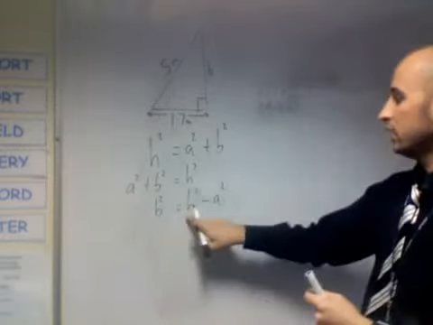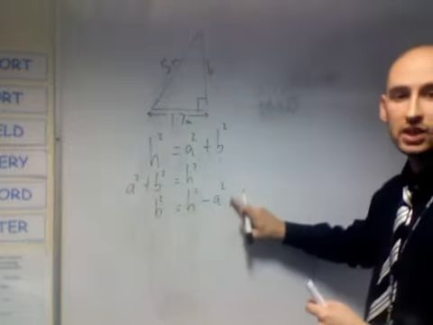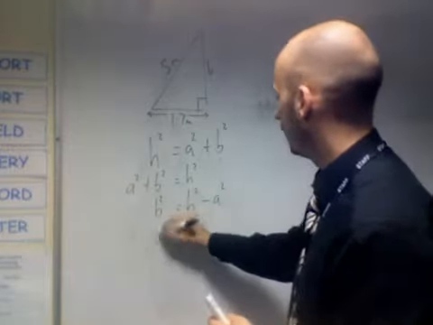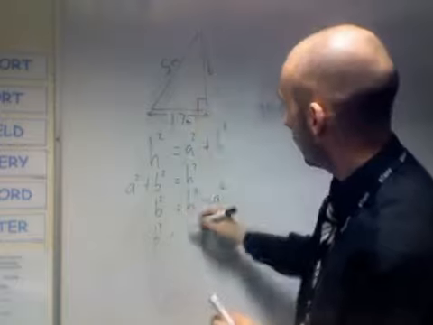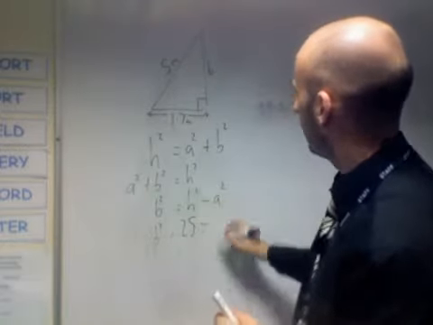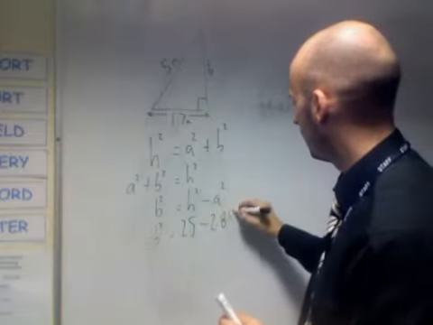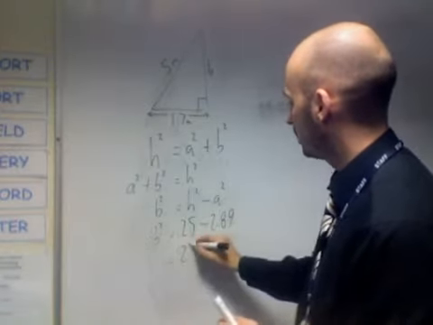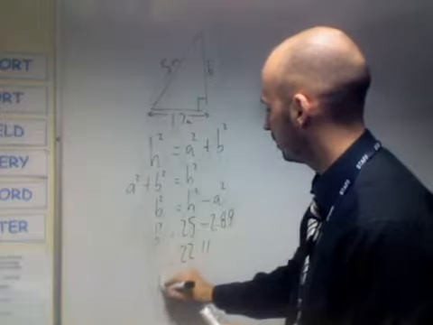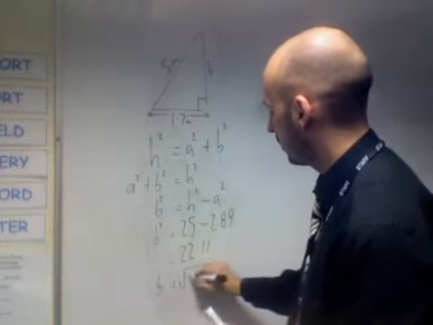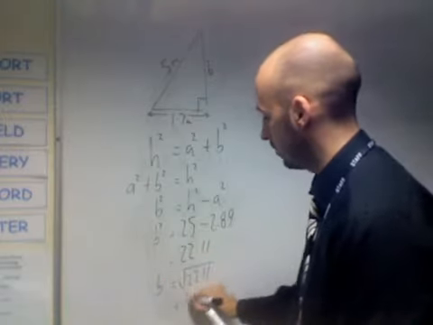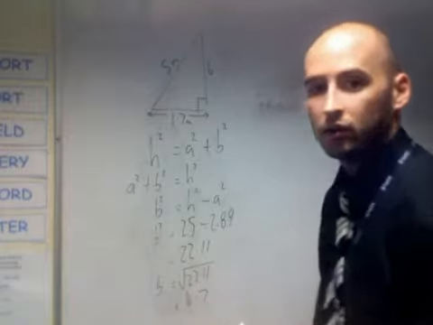So b squared equals h squared minus a squared. So b squared equals 5 squared, 25, minus 1.7 squared, 2.89. So b squared equals 22.11, and b equals the square root of 22.11, which we said was 4.7.